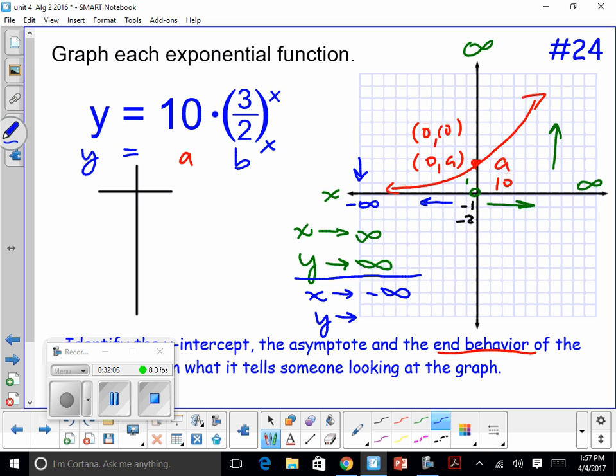And this line has a name. The name that this line has for this picture is called asymptote.